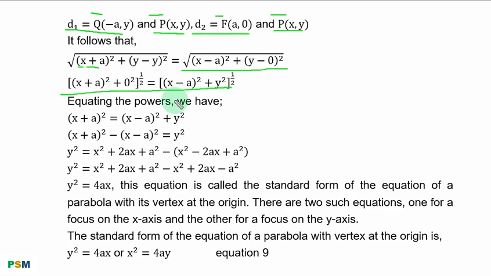If you equate the powers, you are left with the base numbers that are equal. We have to transfer this term to the left hand side. We are interested in getting y square. You have it in this form.